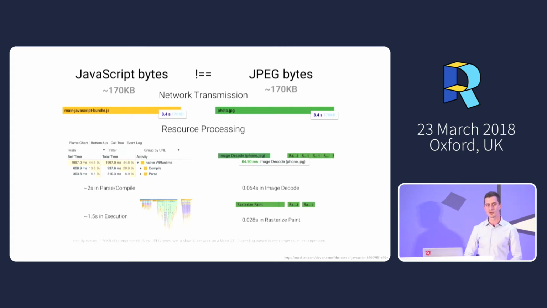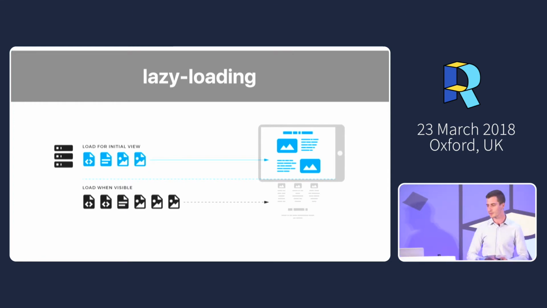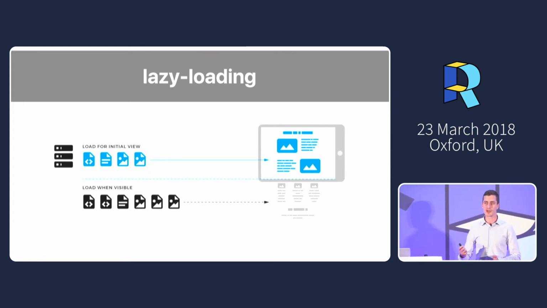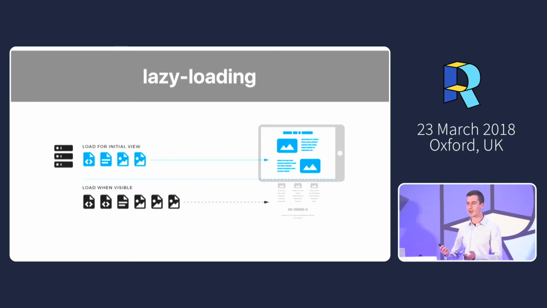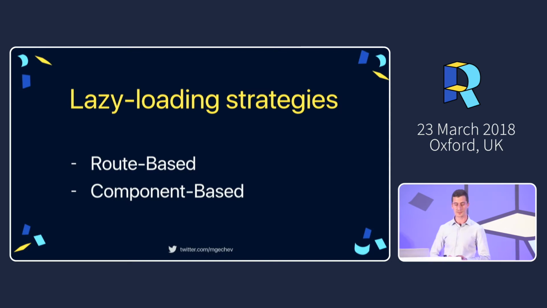So what we usually do in order to speed up our user experience is apply lazy loading. Initially, we provide the minimum amount of assets for the users required to open a given web app. And right after that, on demand, we incrementally provide them the other assets that they may need for other pages or other widgets. And there are 2 main strategies for doing that.